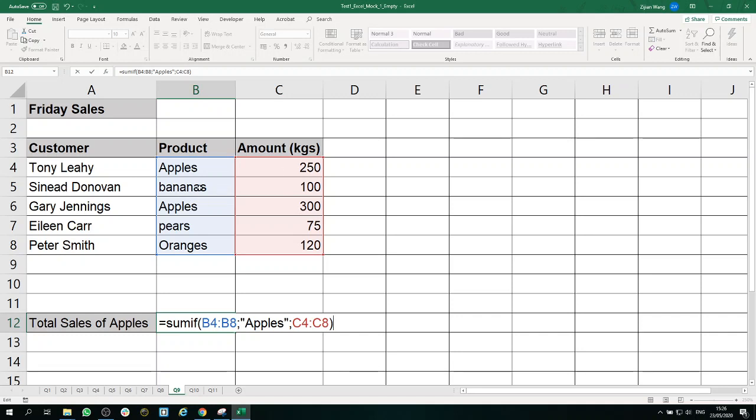This is bananas, then we don't add the 100, and so on. Okay, 550, just as we expected. Just to test whether it's working, we can also change this one to apples. It automatically changes. Okay. This is question 9. Let's move on to question 10.